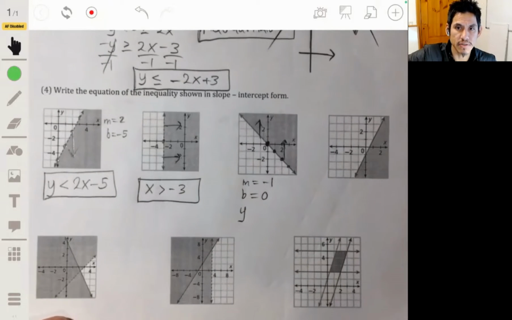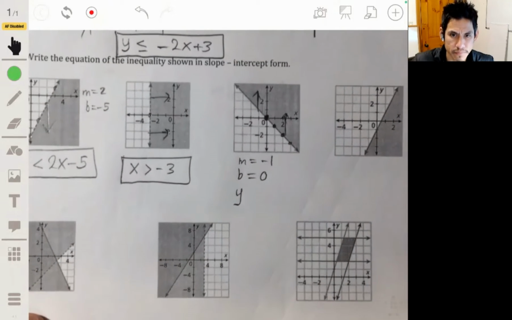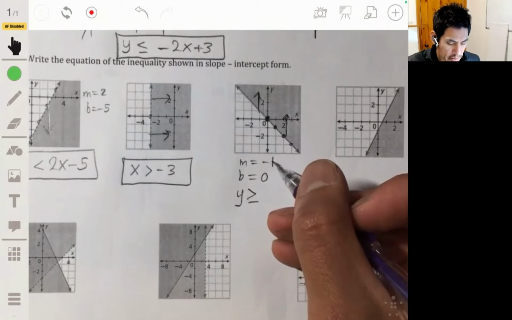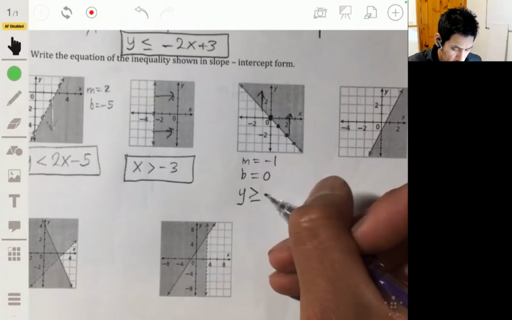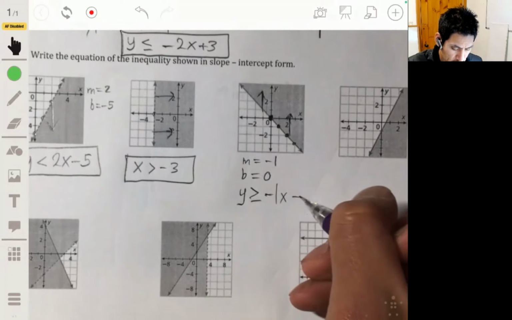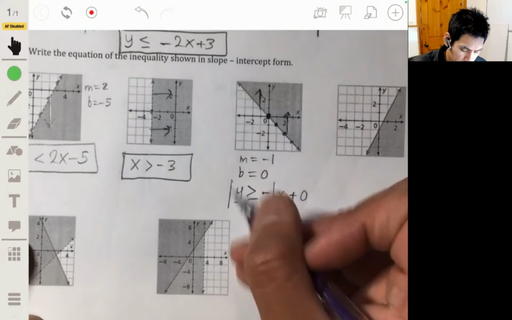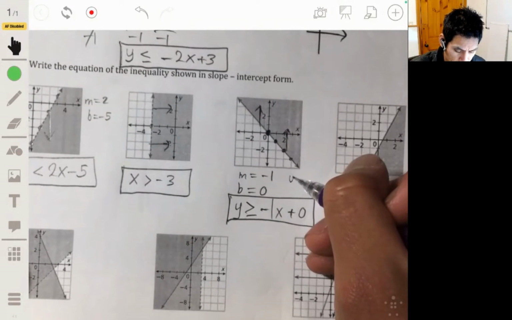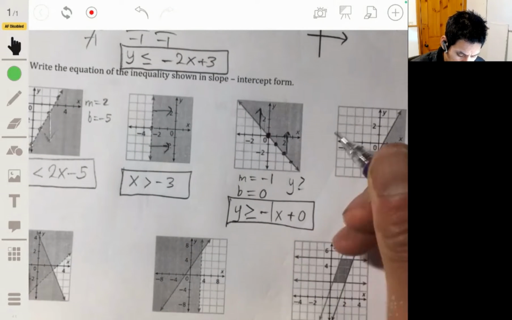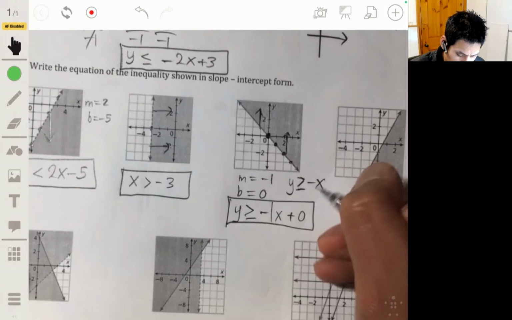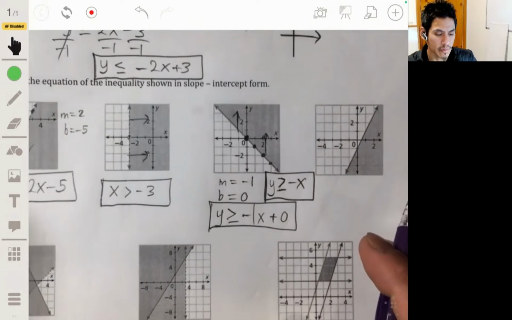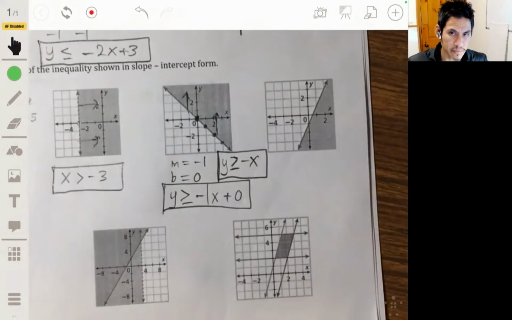I can zoom in case it's a little hard to see this one. So y is greater than or equal to, and we can say -1x or just -x. You can even go as far as -1x plus 0. Or you can just write it, y is greater than or equal to -x. They're both the same. So don't overthink those ones.